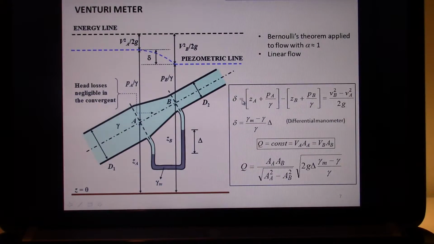Comparing these two, and reminding that the continuity equation is still valid, you can say that the total volumetric discharge associated with the fluid is given by exactly these formulas. And let's see why.